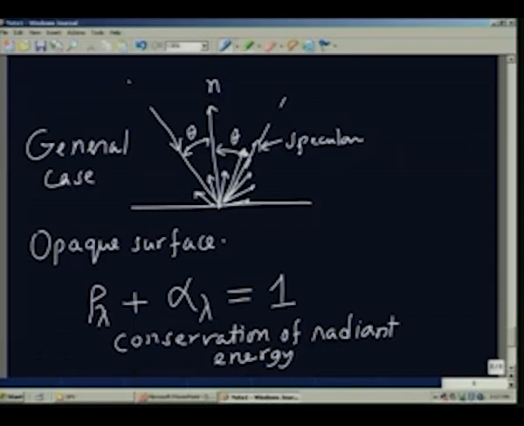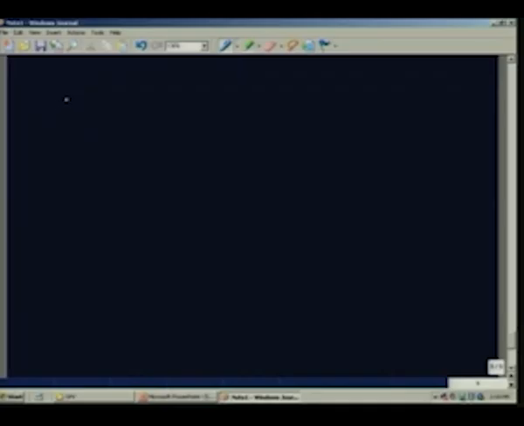So, at a surface either reflection or absorption can take place, and there is a third property which I would like to look at now. This is because of the temperature of the surface itself: you will have emission. Any surface at a temperature above 0 Kelvin will radiate, and the emission is characterized by a property called emissivity.